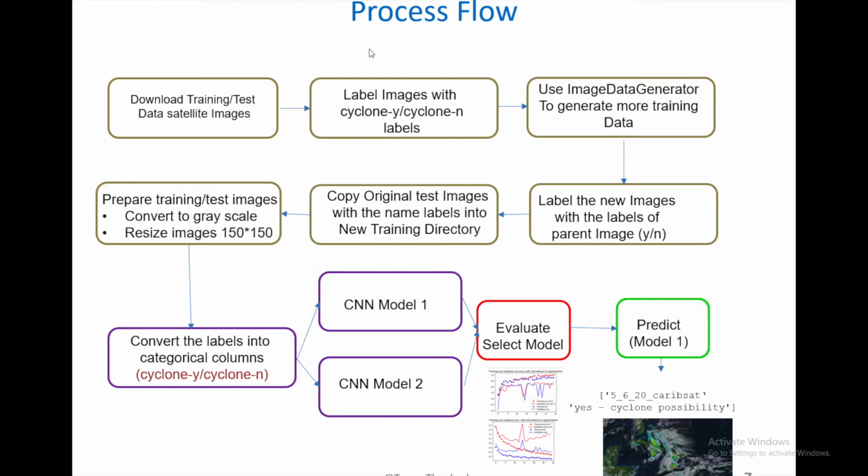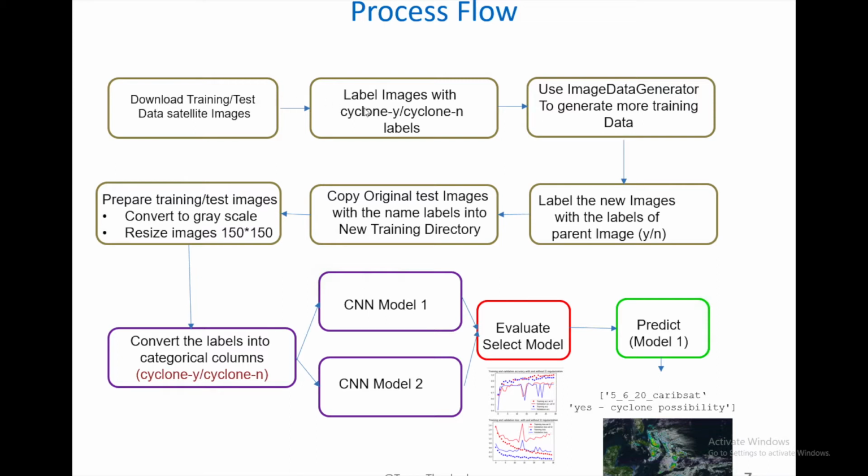The process flow for this project is, the first process I started with was to download the training and the test data satellite images, and then splitting them into different folders, one for training and one for testing. Since this was a completely new project, there were no labels associated with the satellite images.